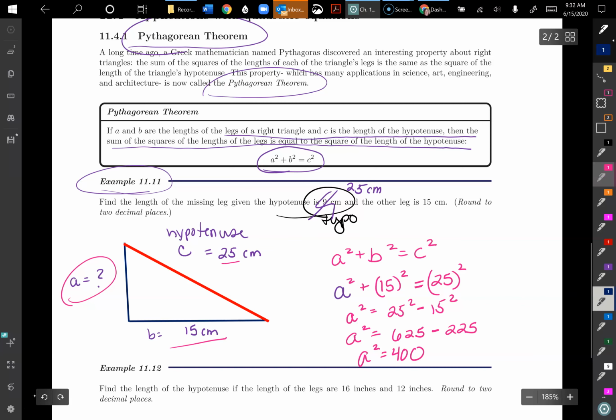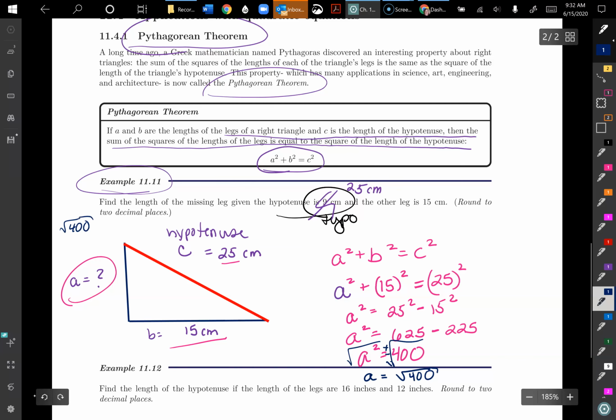Now I want to take the square root of both sides. And again, it's plus or minus technically on that side. So we get A equals plus or minus the square root of 400. But in this case, because it's a length, we always would want the positive. Now, the square root of 400, I would want to simplify that.